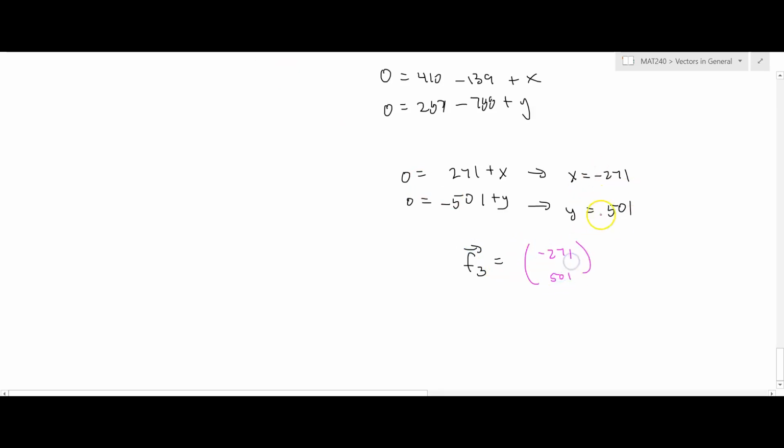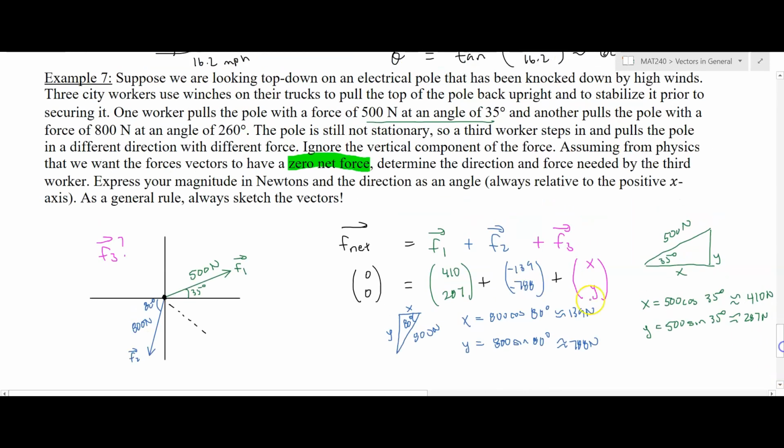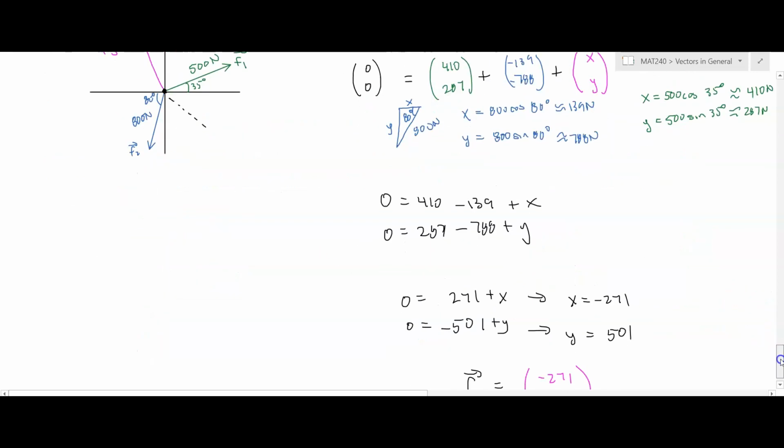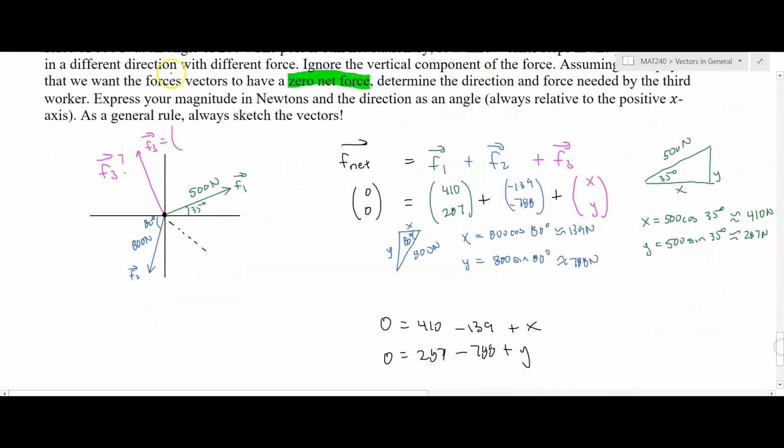Now, I don't have to adjust for signs at this point. The signs already stand for themselves because that's the only way that these will sum to 0. So negative 271, 501 is right somewhere in between here, and that's going to be F3: negative 271, 501.